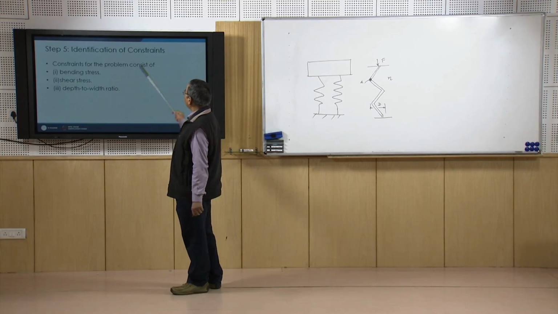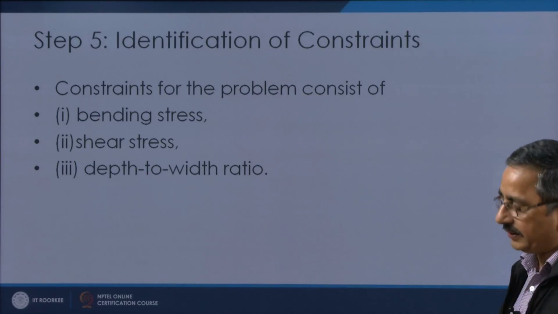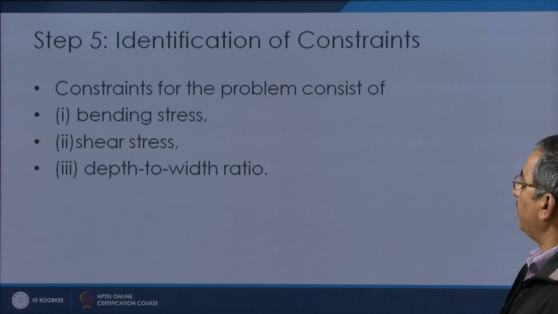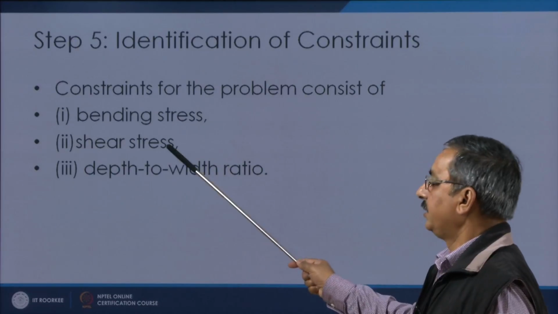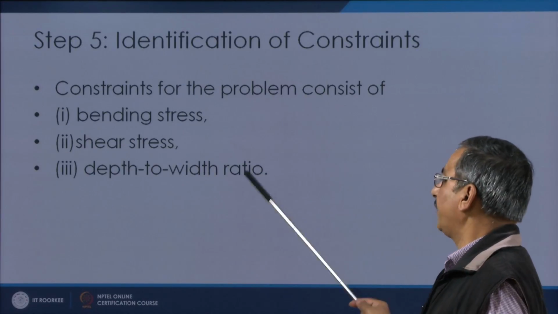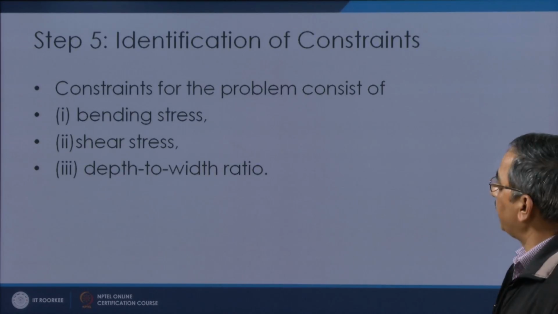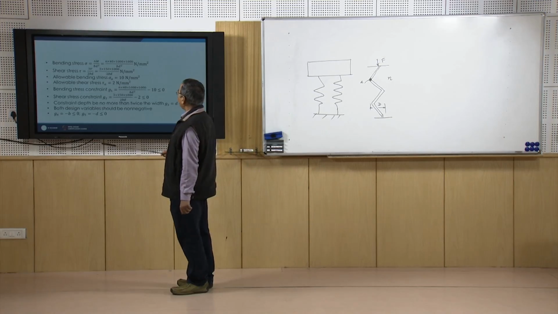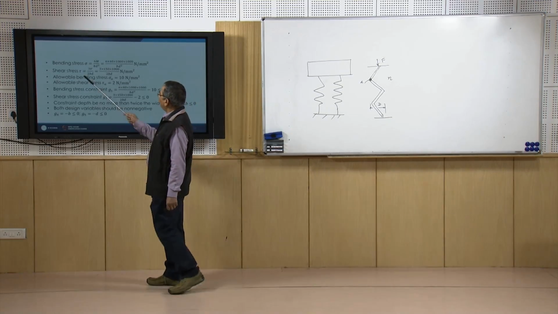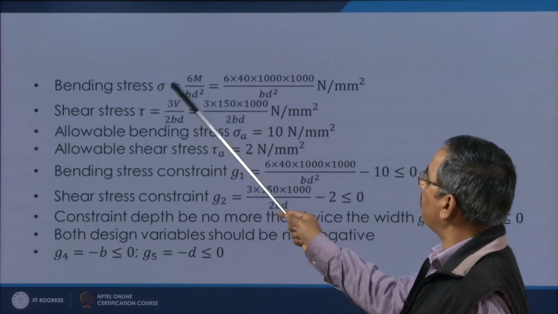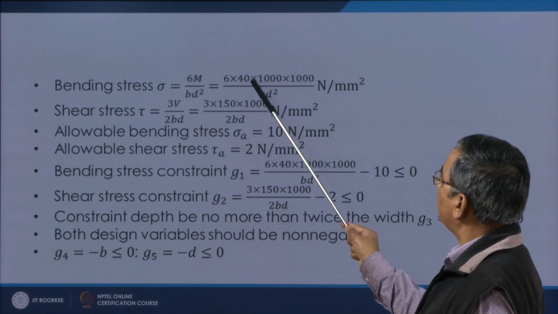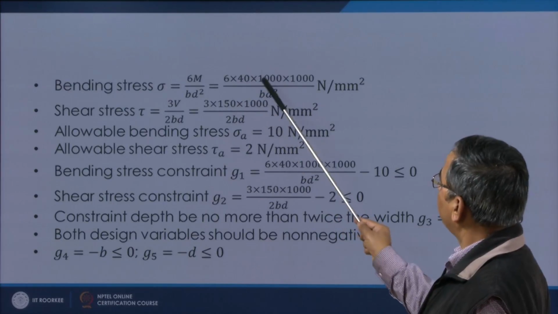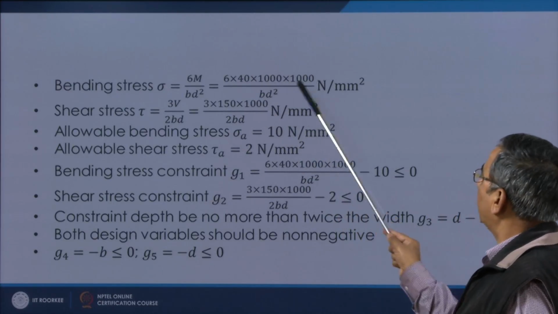Then identification of the constraints. So, as I said, there are three constraints, and these are the bending stress, the shear stress and the depth to width ratio which is given. So, we can find out these values. So, bending stress is 6M upon BD square. M is given to us as 40, so that is converted into a consistent unit.